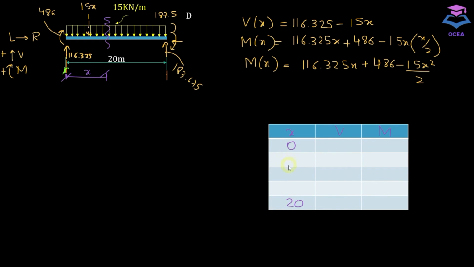In between the values of x, I'm taking a difference equal to 5. So the next values are going to be 5, 10 and 15. I'm going to insert these values of x, 0, 5, 10, 15 and 20, in this equation as well as in this equation, and I'm going to write those values over here.